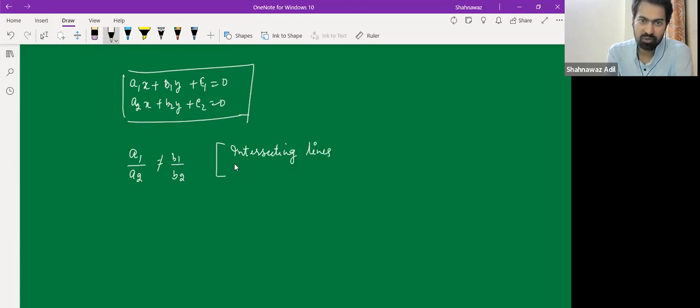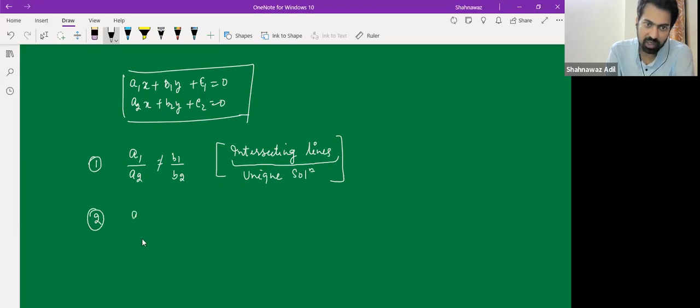If the lines are intersecting, then you have a unique solution. This is the first criterion. The second one is that if a1 by a2 is equal to b1 by b2, but not equal to c1 by c2, then the lines are parallel.